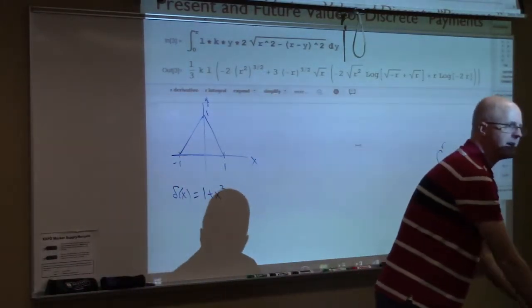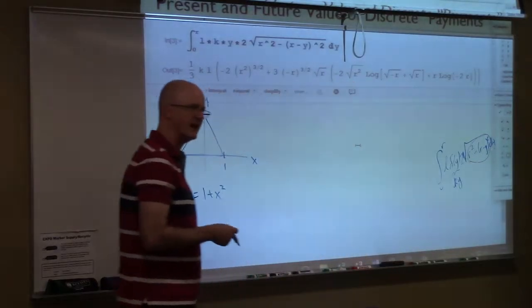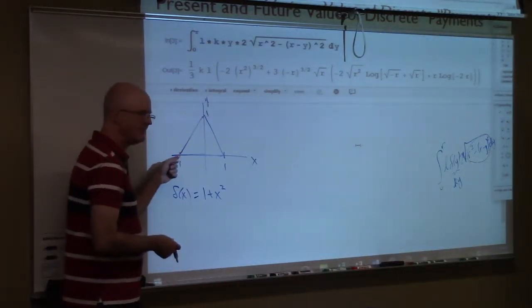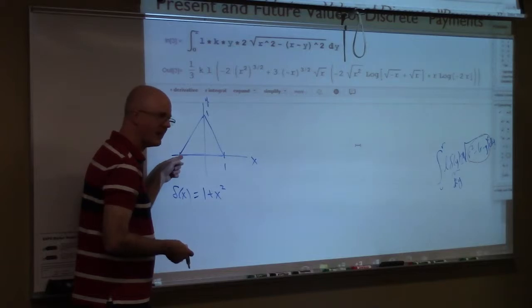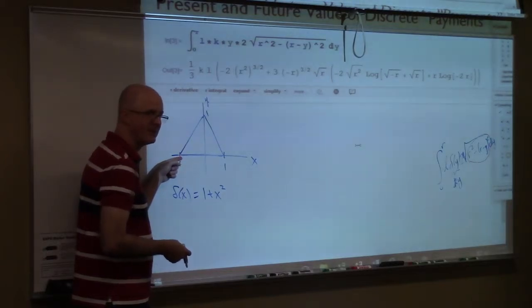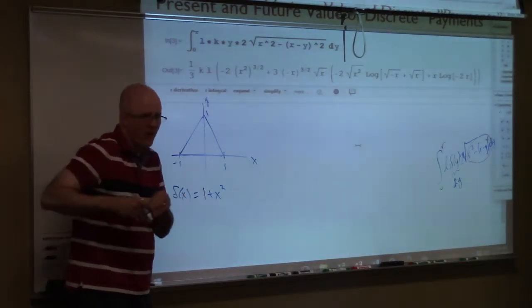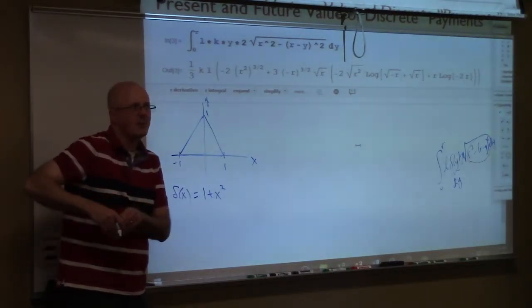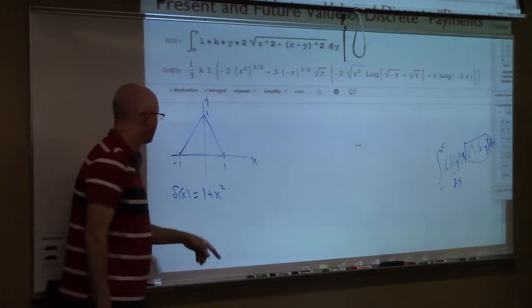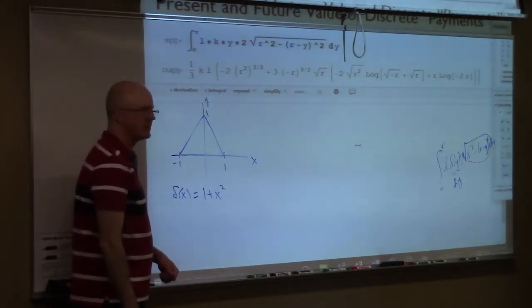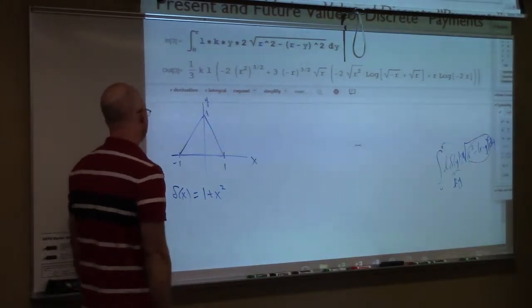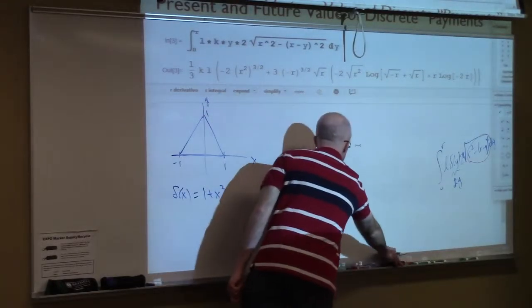Interesting thing about the book's example is when the density as a function of x is 1 plus x, technically speaking, the density is 0 at the left corner because that's where x equals negative 1. Can that really happen? Well, it could approach 0 as you approach that left corner. With this example, it's not going to approach 0, and that's not going to be very interesting.